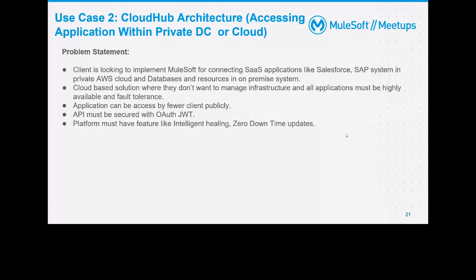Third, the database and other resources, which are available on-premise. Apart from that, they want a cloud-based solution where they don't have to manage infrastructure, so they are looking for an iPaaS solution. The application should be accessed publicly by only a few clients, not by all clients, so they want some kind of restriction. APIs must be secure with OAuth JWT, and the platform must have features like intelligent healing and zero downtime updates.